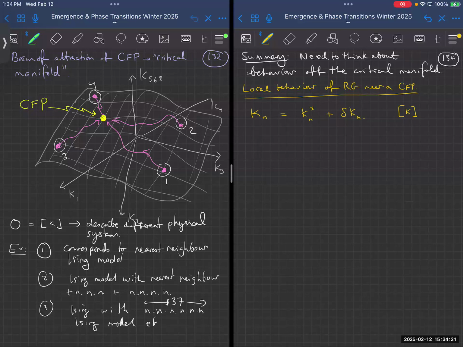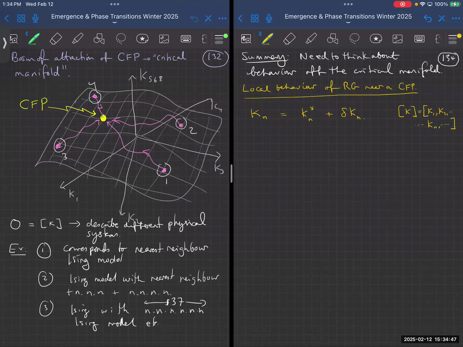It could be a finite number, a countable infinity, or an uncountable infinity. I'm writing this as K1, K2, dot dot dot, Kn, dot dot dot. That's what I mean by that notation. It's just a bad notation for a possibly infinite dimensional vector.